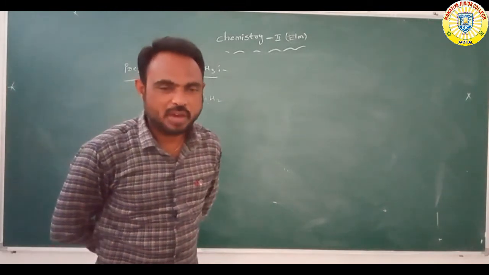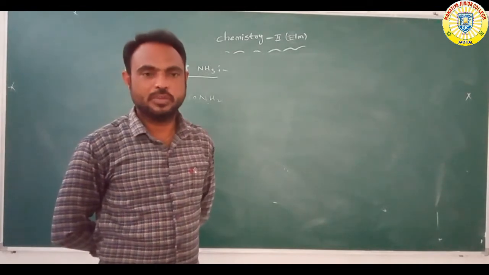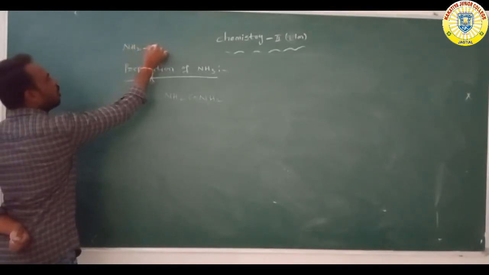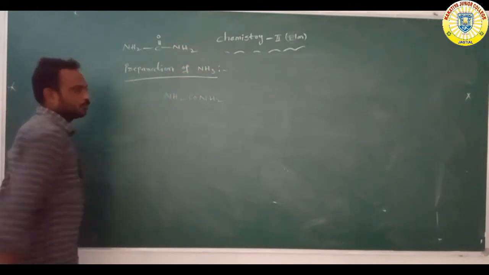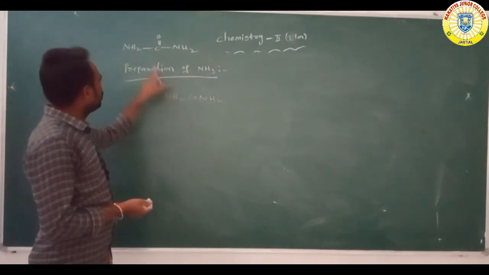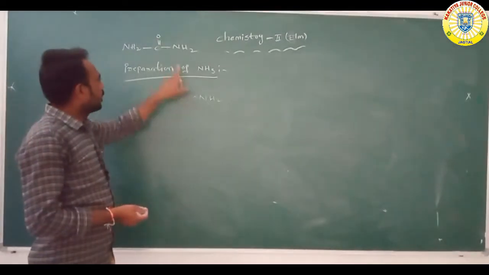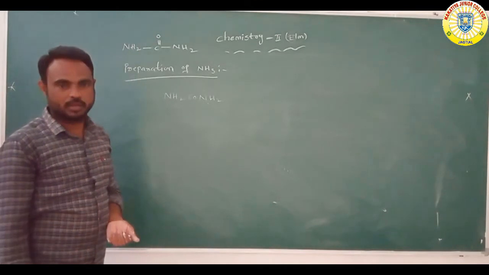What is the formula of urea? NH2CONH2, or we can write it in another form, NH2-C=O-NH2. It is the formula of urea.